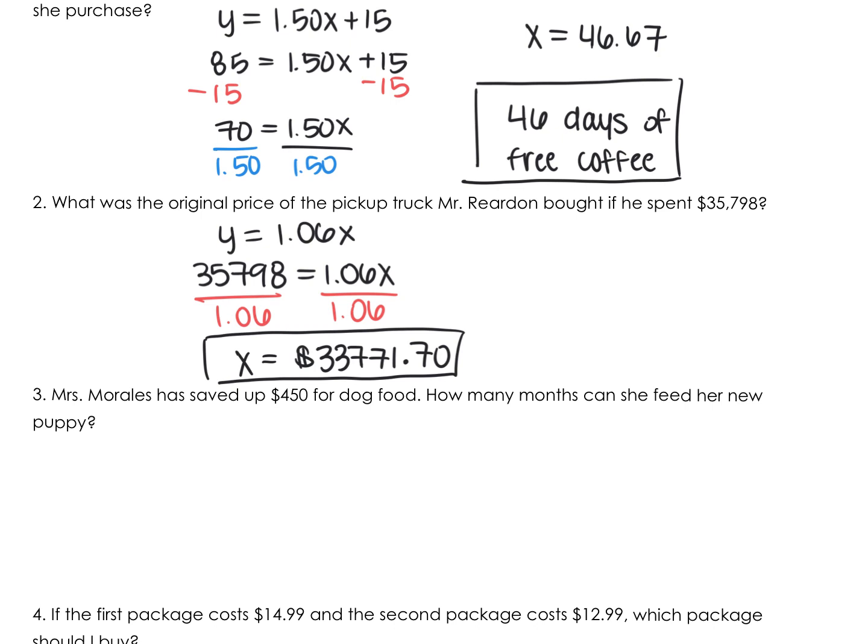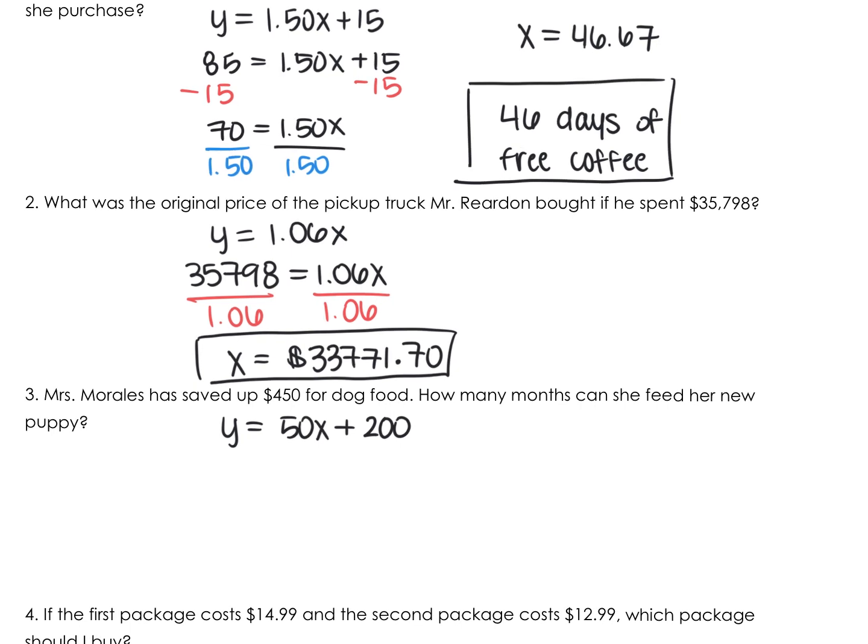Okay. Third example, we have that Mrs. Morales has saved up $450 for dog food. How many months can she feed her new puppy? So our equation is y equals 50x plus 200. And again, we have our y value. So we have 450 equals 50x plus 200.